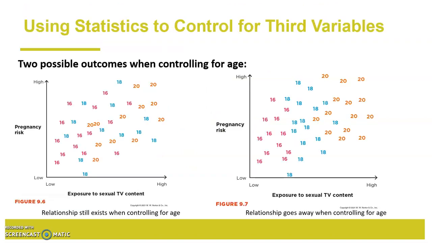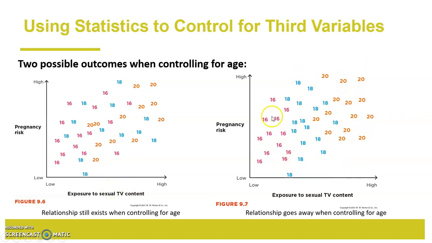Again, this is just fabricated, fictitious data, but these are two possible outcomes. So if we give each participant a number indicating their age, and you were to control for it, this is one outcome.